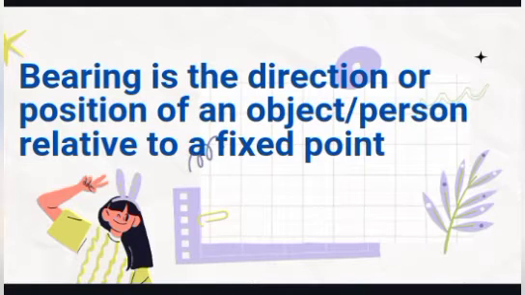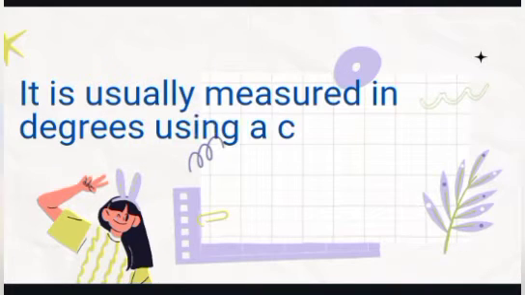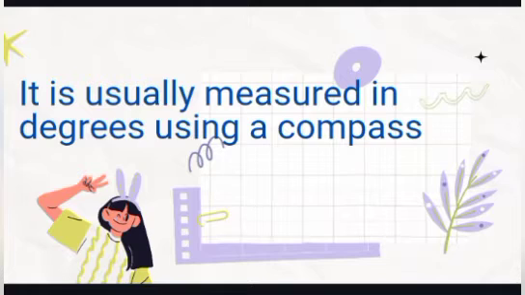So in this topic, we'll be looking at locating the positions of persons or objects, comparing them to the positions of another thing or person. And it is important to note that bearing is usually measured in degrees using a compass.